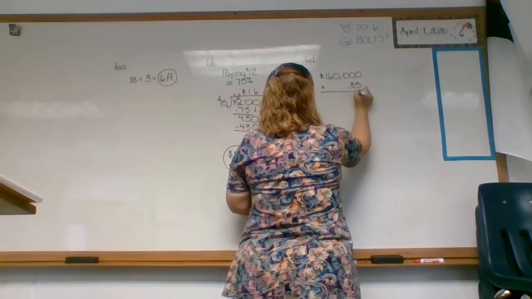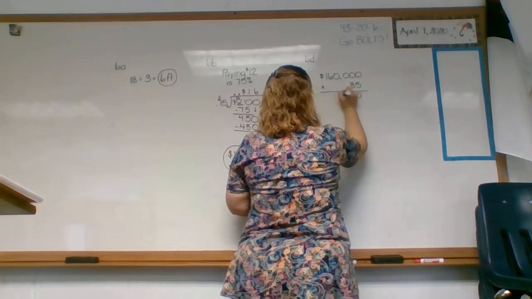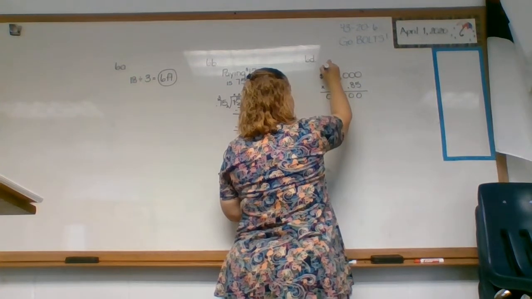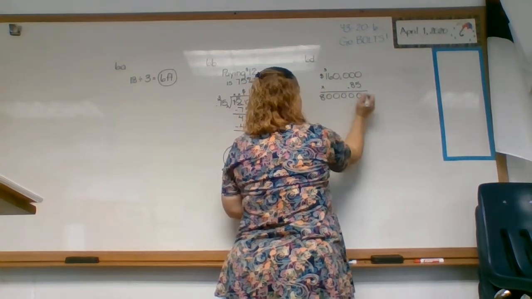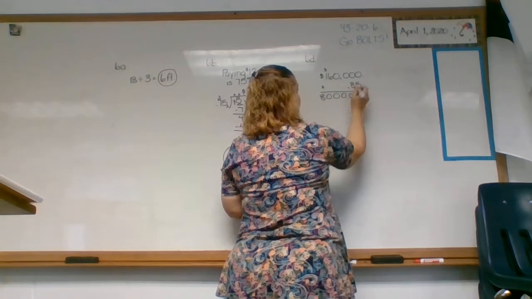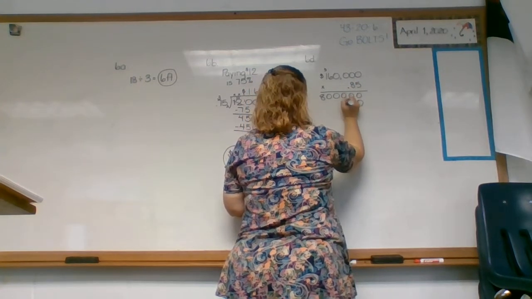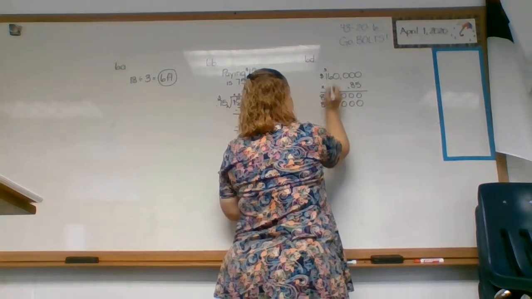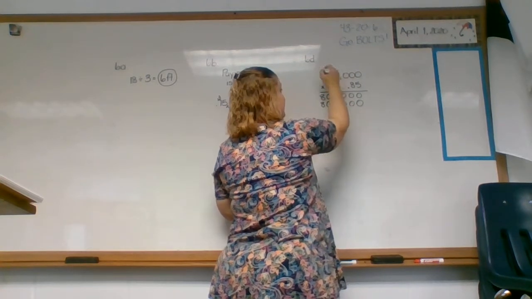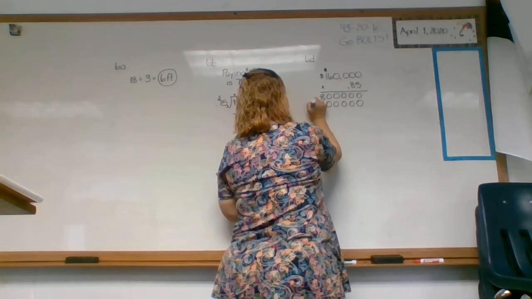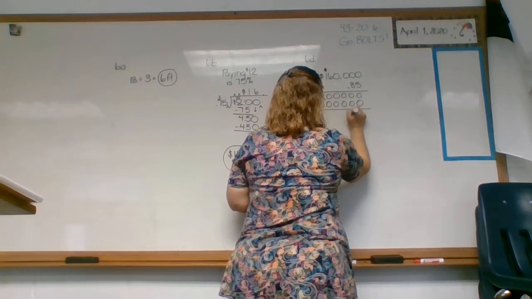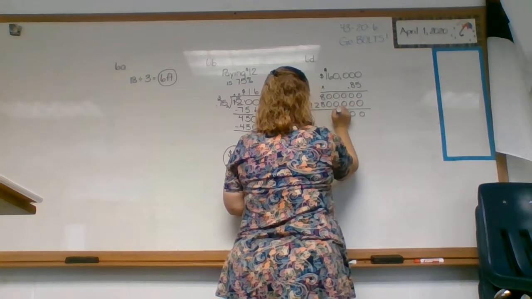So we're going to multiply 5 times 0, 0, 0, 0, 5 times 6, and 5 times 1 plus 3. 8 times 0, 0, 0, 0. 8 times 6, and then 8 times 1 plus 4. That is not a straight line, but we're going to pretend it is.